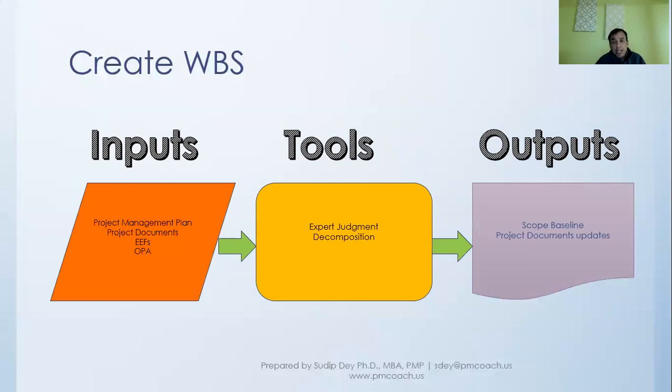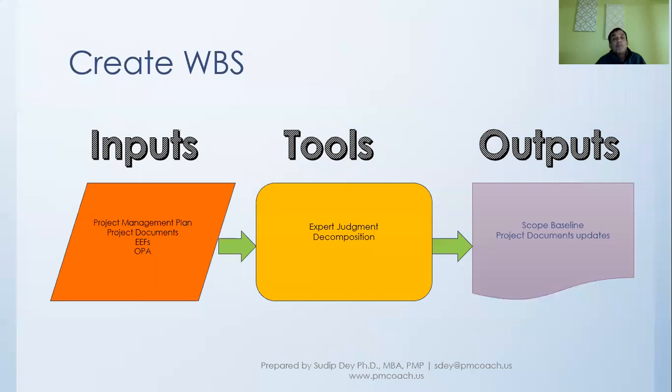Scope baseline is one key baseline, and the other two key baselines are cost baseline and schedule baseline. Essentially, this is how the performance of the project will be measured. In scope baseline, one of the components is the scope statement that we came up with in the define scope process.